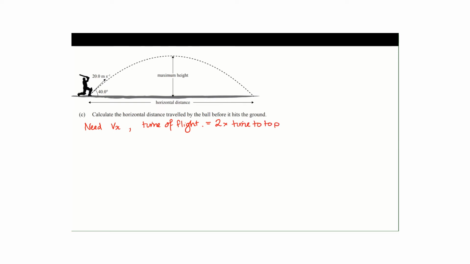So using the answer that we got last time, the time of flight will equal 2 times 1.3163, which equals 2.6326. You can keep the other decimal places on your calculator.